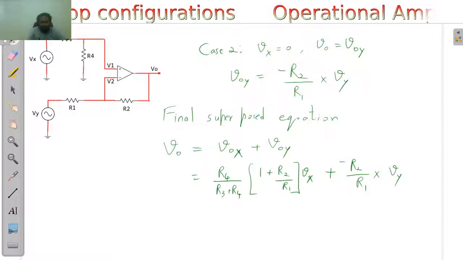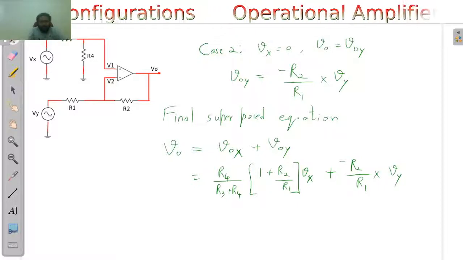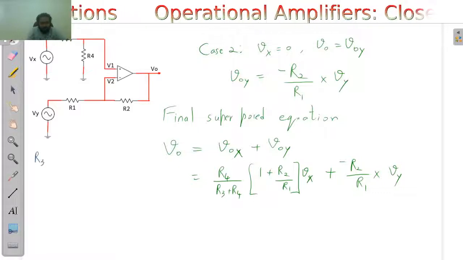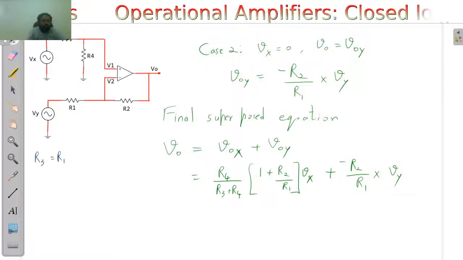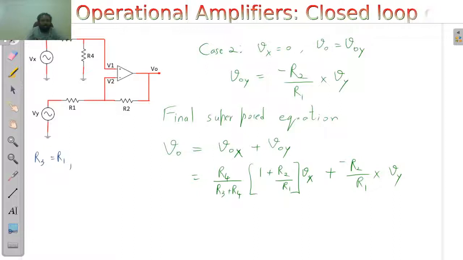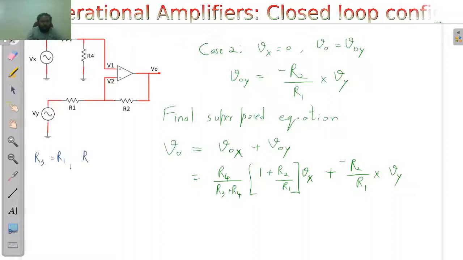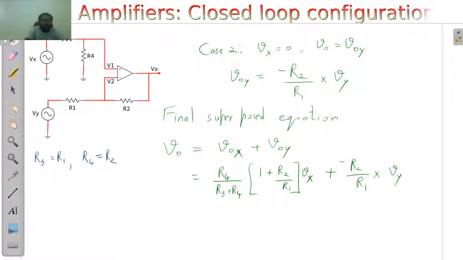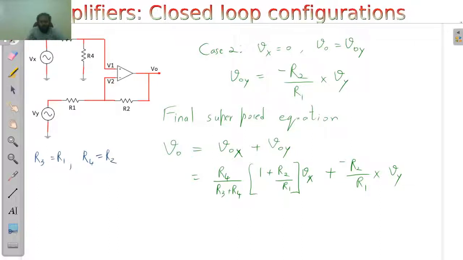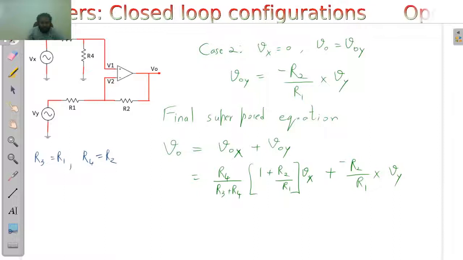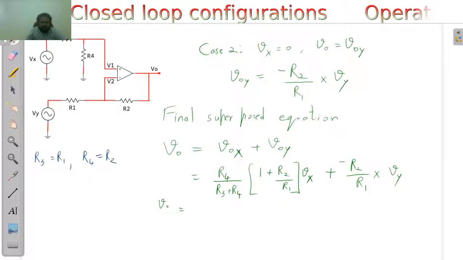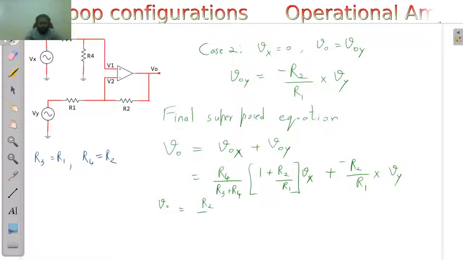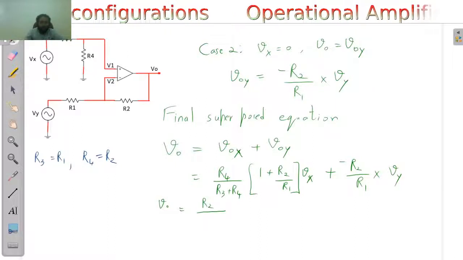In this equation, we can make some simplifications if we put our R3 as the same as R1 and our R4 the same as R2. So when I do this, then my output voltage Vo will be equal to, so now R4 becomes R2 and R3 becomes R1.